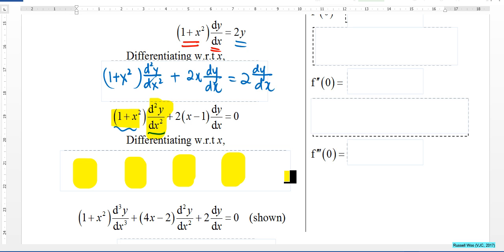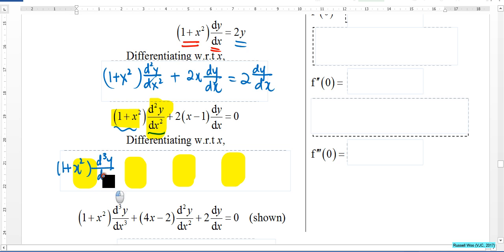Okay, 4 terms. Let's write down the 4 terms. Keep 1 plus x squared, differentiate, you get the 3 d3y/dx cubed. Differentiate this, you get the 2 d2y/dx squared. Keep this.